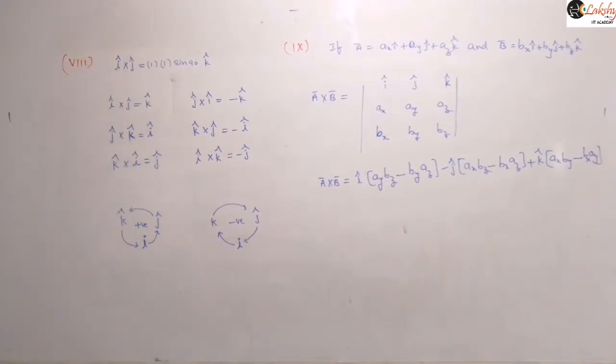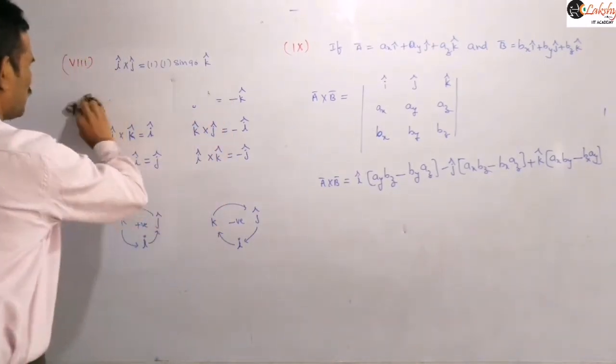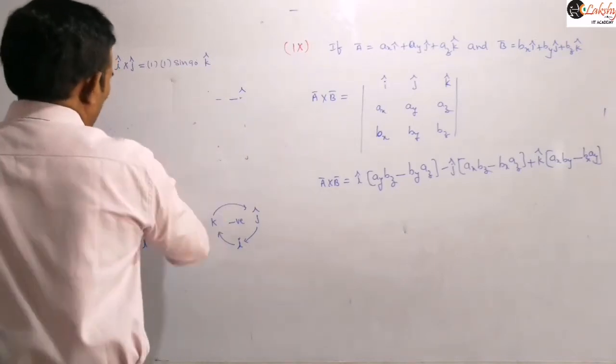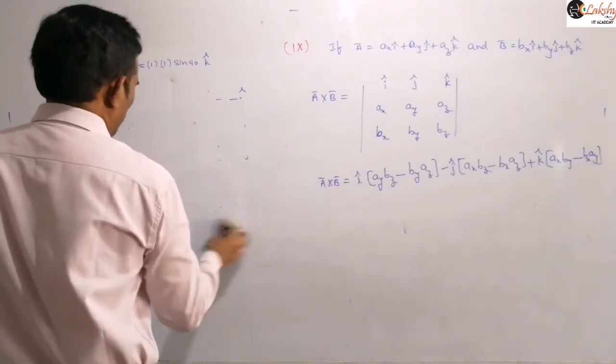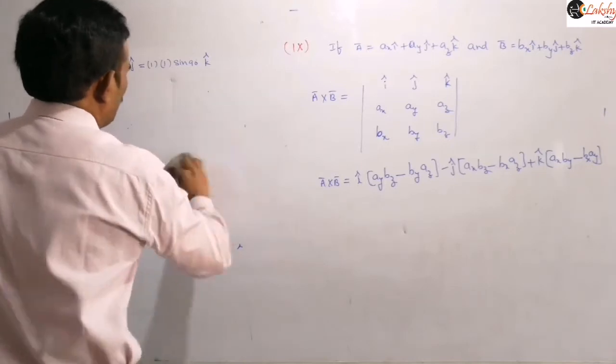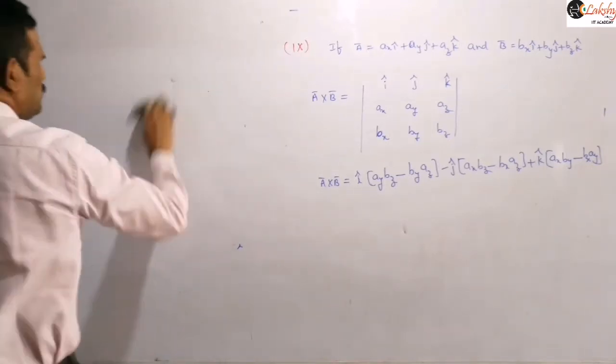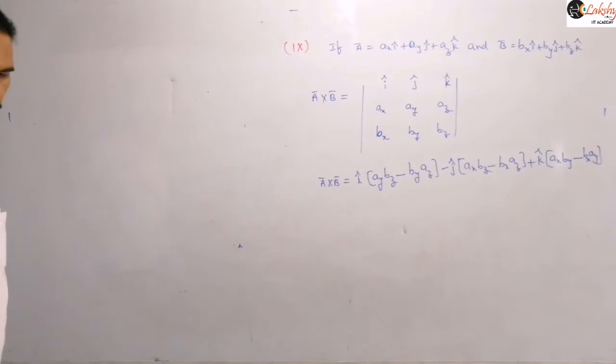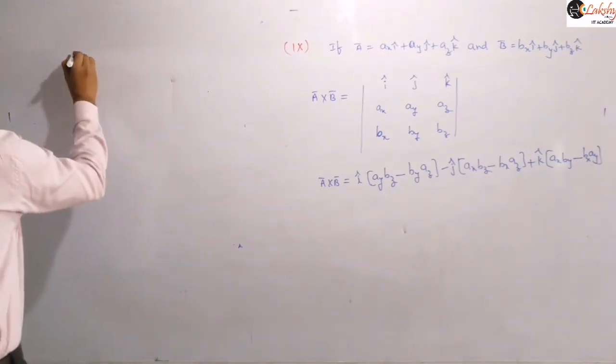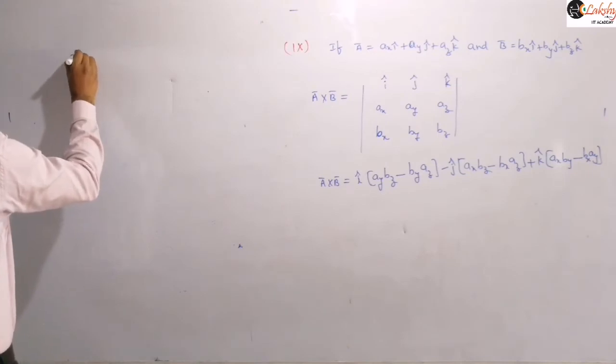And next let us see one example based on this, so that you will get more clarity about finding the cross product of these vectors. I am taking this example.